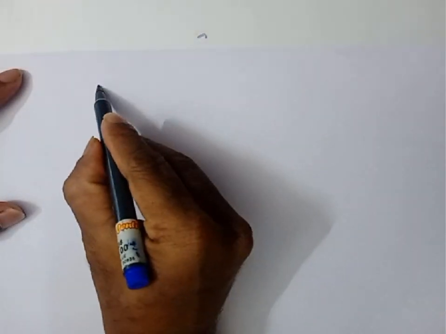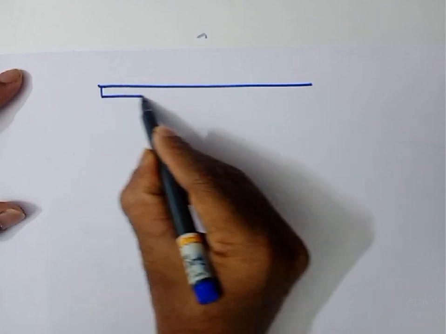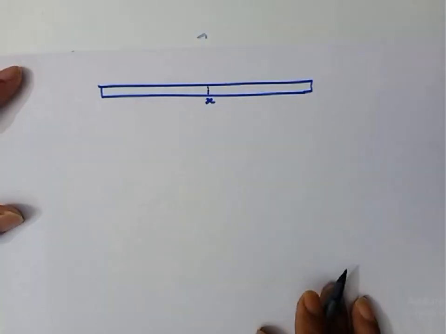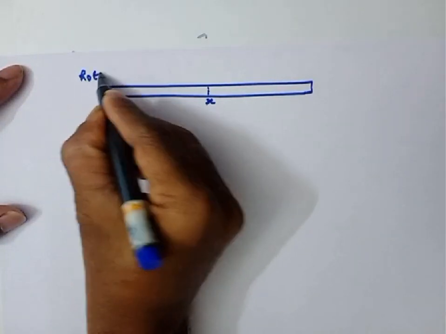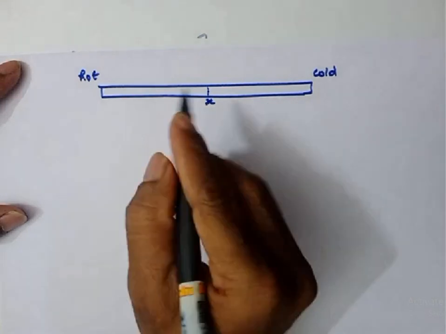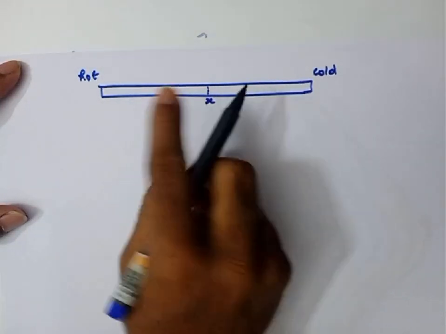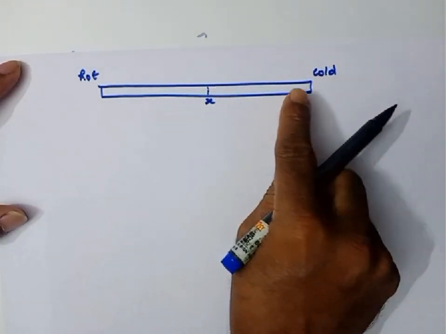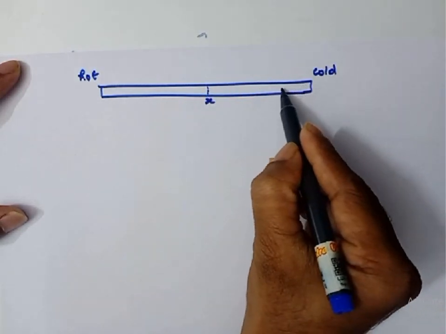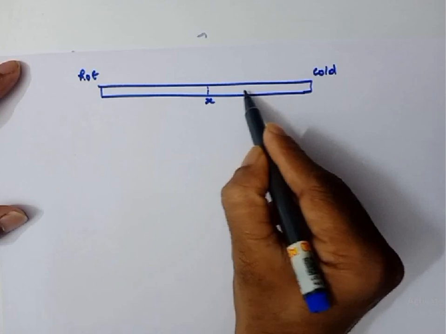Let me write on the next page. So this is the one-dimensional solid we have assumed. Let us take some point X here, and this is the hot end and this is the cold end. Now from hot end to cold end, free electrons are moving. From cold end to hot end also free electrons are moving. But when free electrons move from here, they will undergo many collisions.